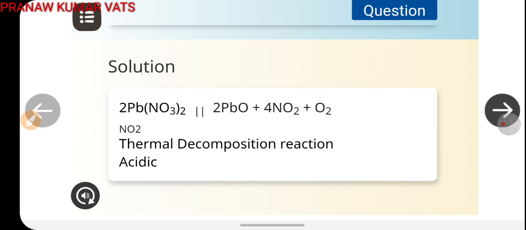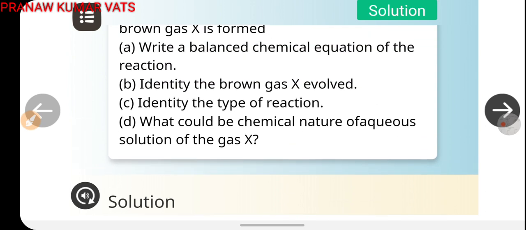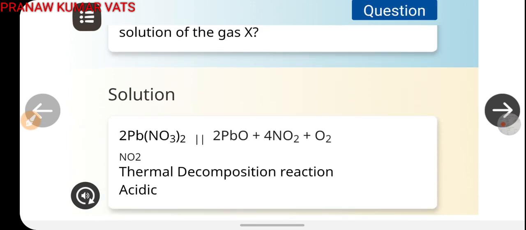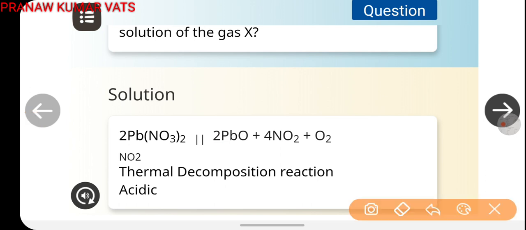First solution: when lead nitrate is heated, there is formation of PbO plus NO2 plus O2. This is an example of thermal decomposition reaction. So this is the balanced chemical equation: 2Pb(NO3)2 gives 2PbO plus 4NO2 plus O2.